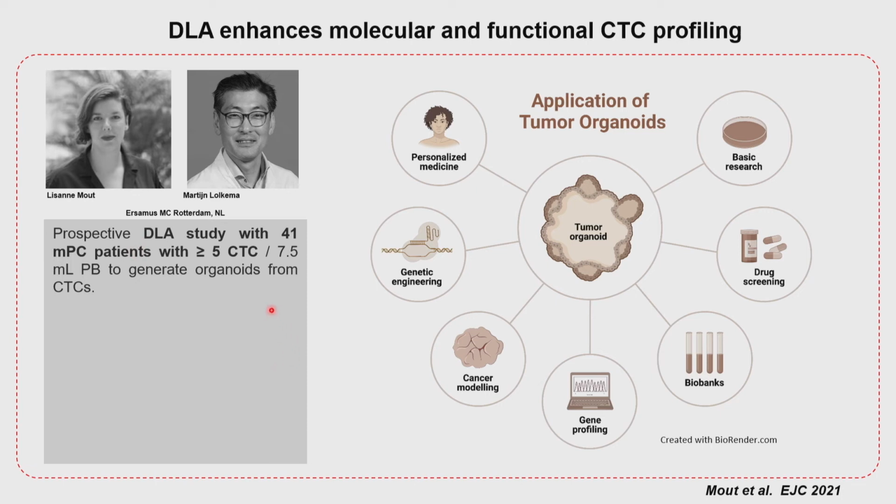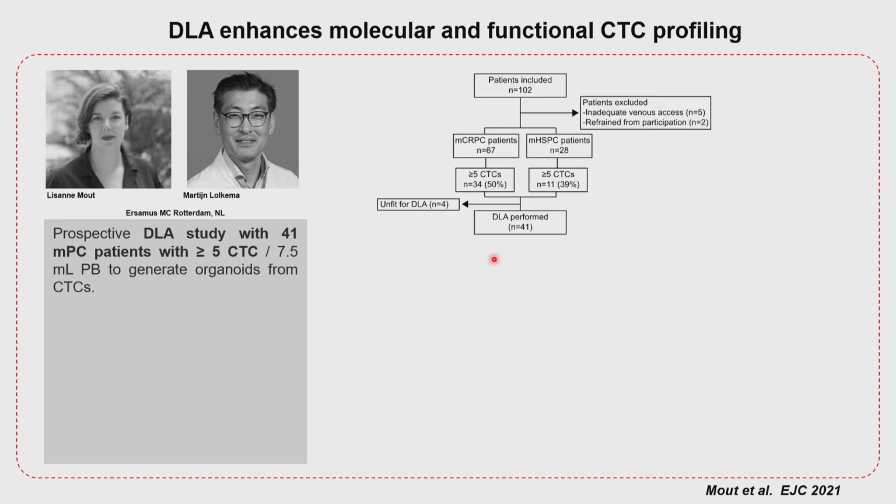They asked whether they could regularly get these models out of their DLA samples. For this, they screened over 100 advanced prostate cancer patients and wanted to include those that have more than 5 CTCs in 7.5 milliliters of blood in the CellSearch analysis.